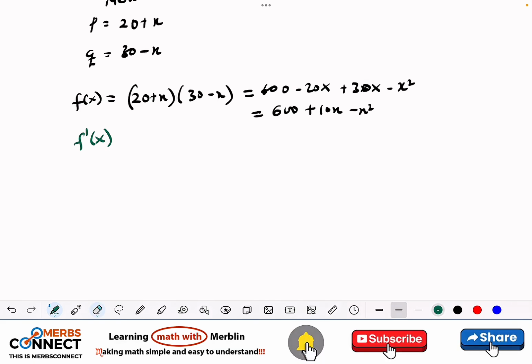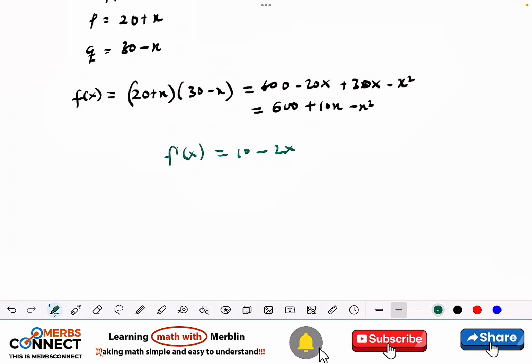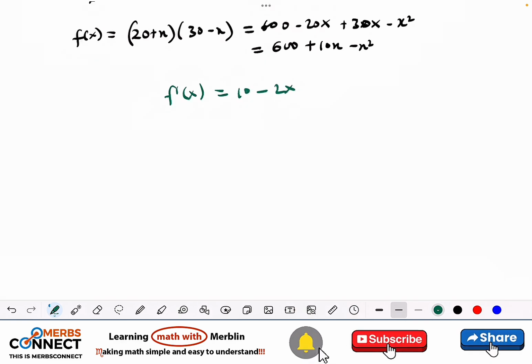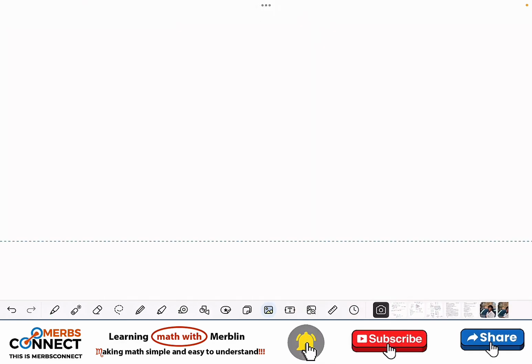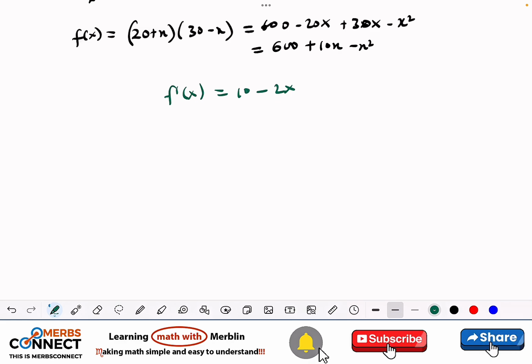So f prime of x is going to give us 10 minus 2x. So let's look for the x value: 10 minus 2x is equal to 0. 10 is equal to 2x. Divide through by 2 and our x should be 5.